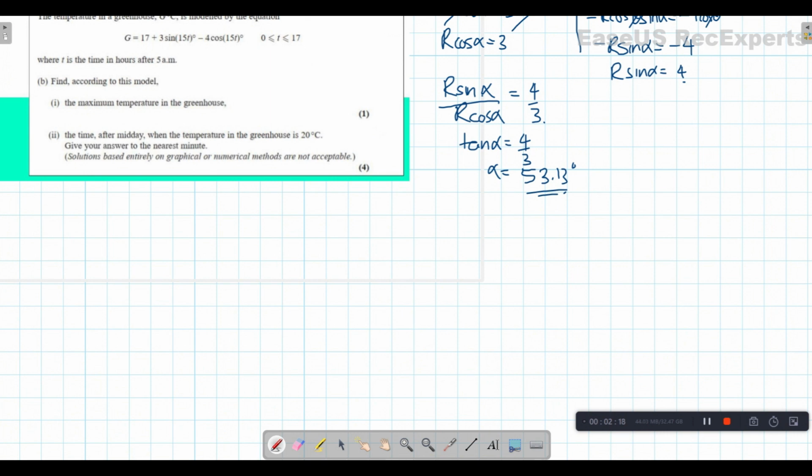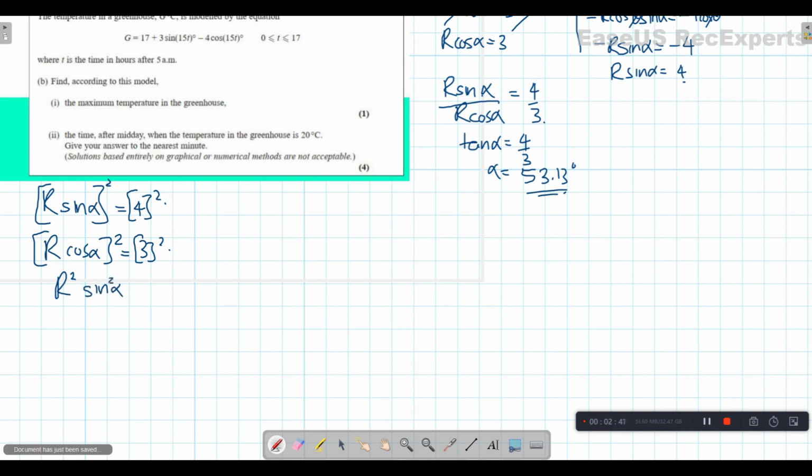Okay, once you've got alpha, let's find out what r is. This is where we use an identity. R sine alpha equals 4. Let's square that, both sides. And r cos alpha equals 3, square this. So this would give you r squared sine squared alpha plus r squared cos squared alpha equals 16 plus 9.